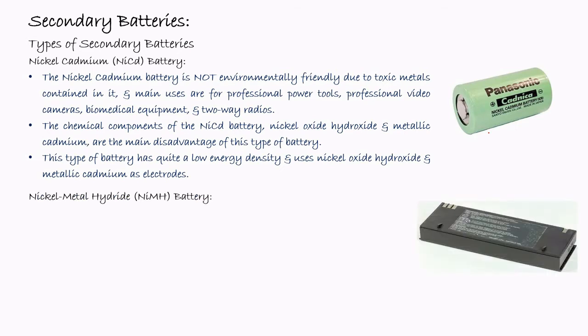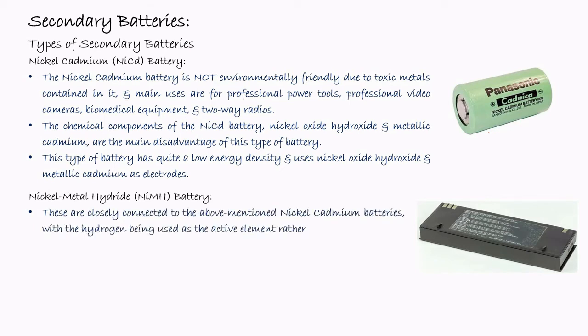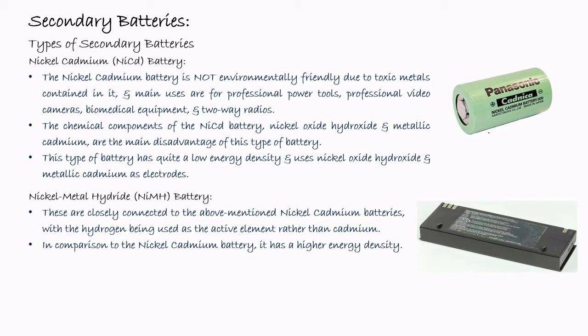Next is the nickel metal hydride. These are closely connected to the above mentioned nickel cadmium batteries, with hydrogen being used as the active element rather than the cadmium. In comparison to the nickel cadmium battery, it has a very high energy density.